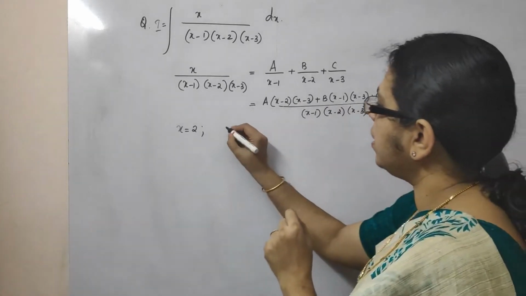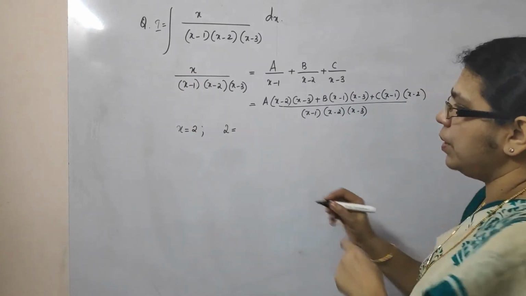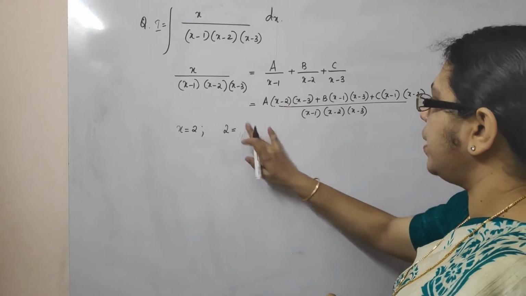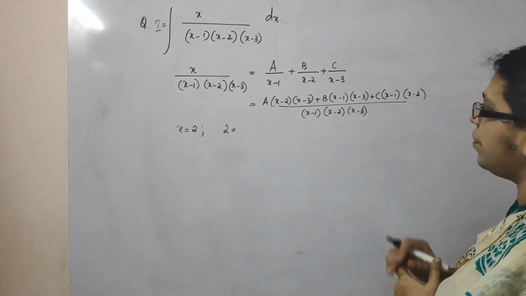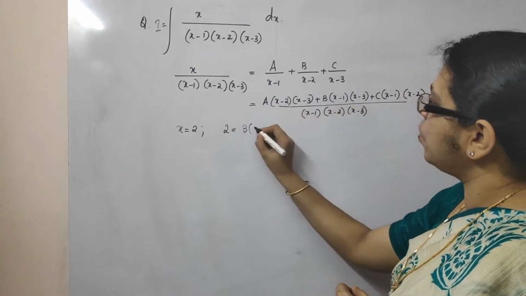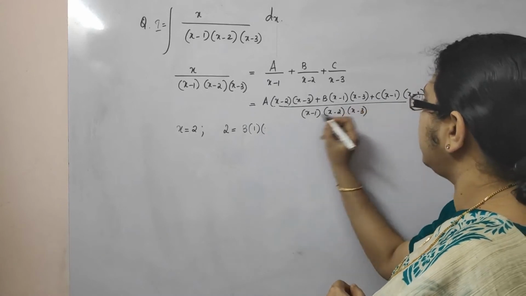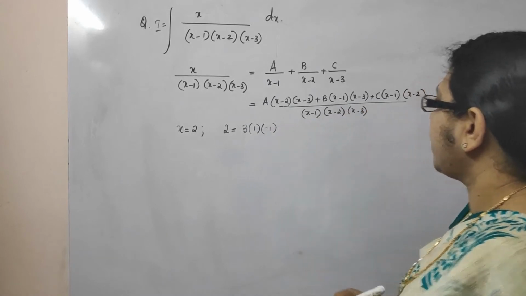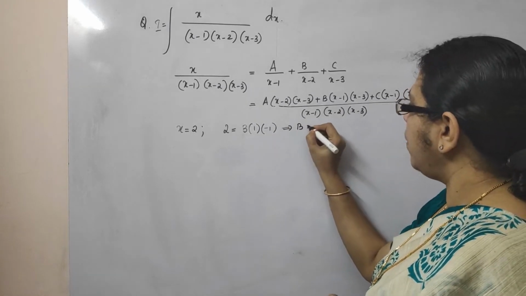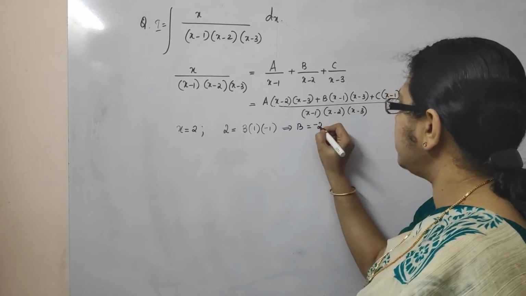So when x is equal to 2, I can write x, that is 2, is equal to a into, a is not needed because a into 2 minus 2 gives you 0, whereas this is also giving you 0. That is b into, what do you get here? 2 minus 1, 1. And 2 minus 3, that is minus of 1. So this gives me b value as minus of 2.